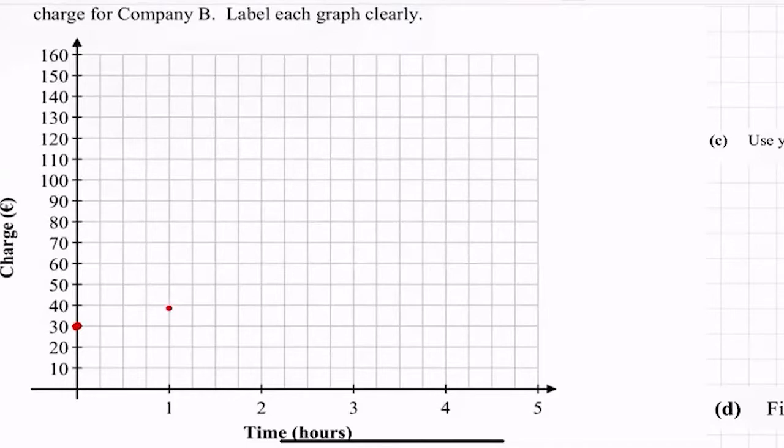I then have 2 and 49, which is just under the 50. And then I have 3 is 58.5 and 4 is 68. Oh, wrong place.